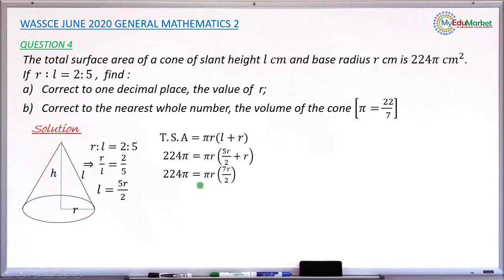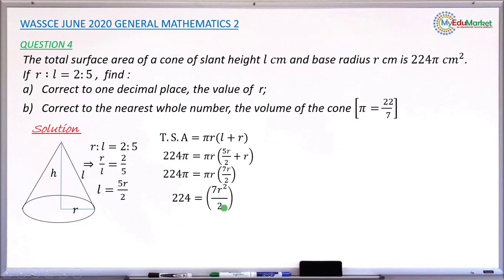If we continue, I have 224 pi on the left, and on the right I have pi multiplied by R multiplied by 7R all over 2. The pi on the right cancels the pi on the left. So you have 224, pi cancelled out. Multiplying R by 7R all over 2 gives 7R square all over 2.